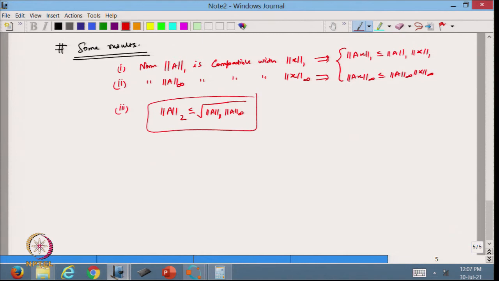So, after doing these things, we are going to start an important topic that is called the sensitivity analysis of a system of linear equations.